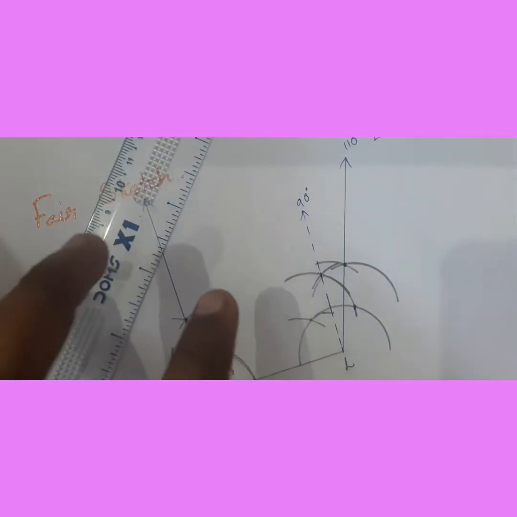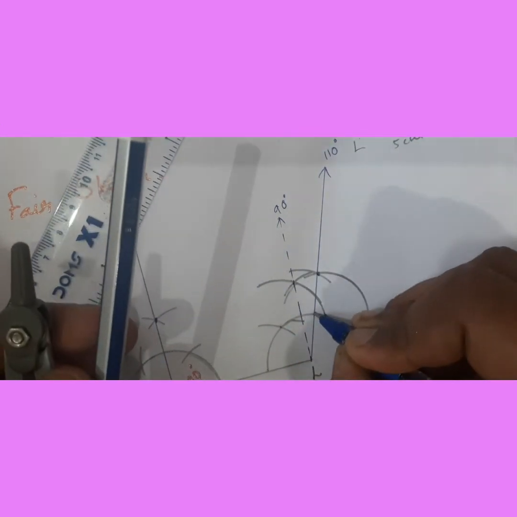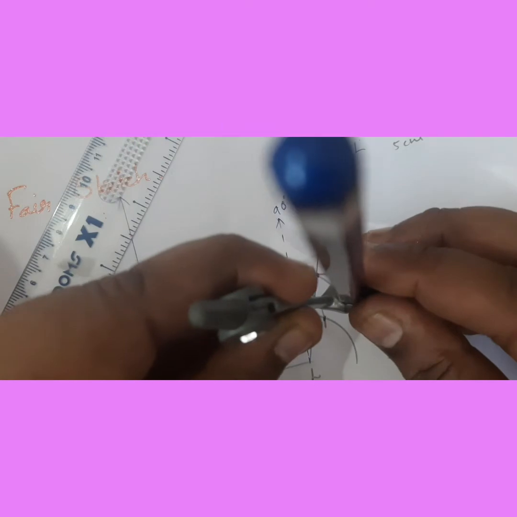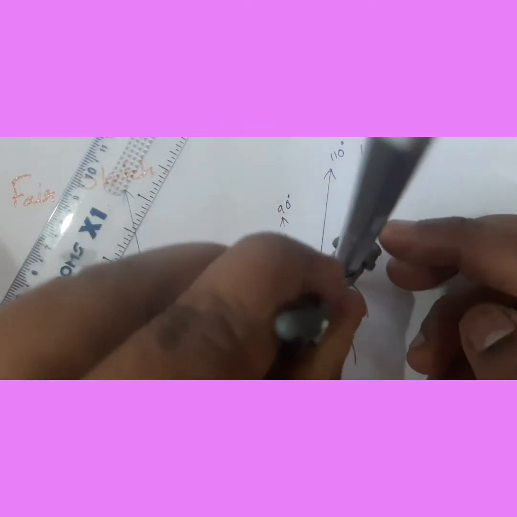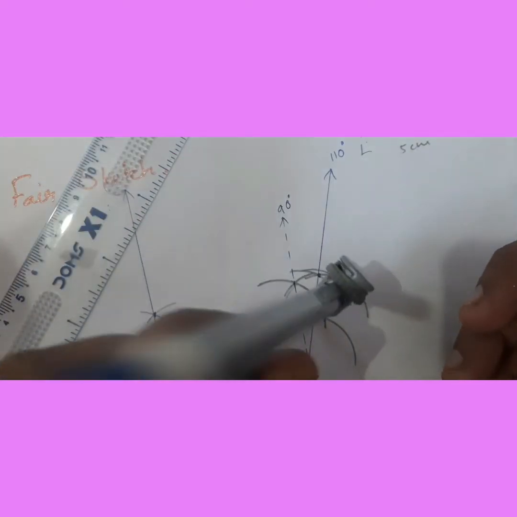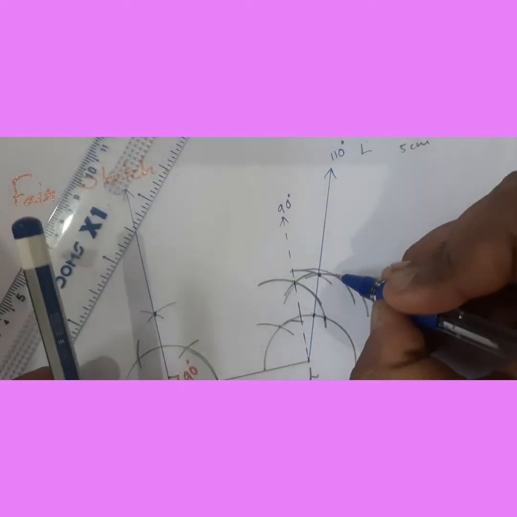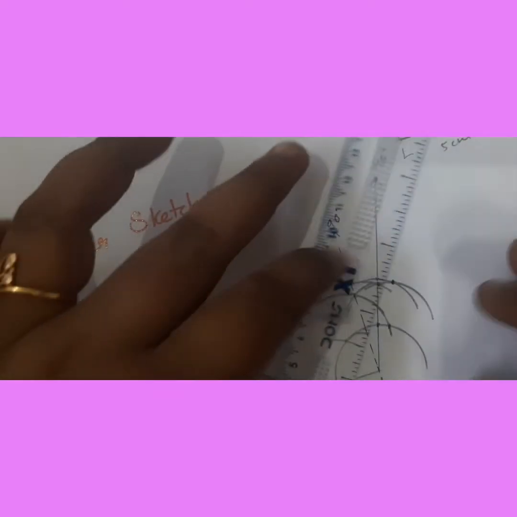After the 110 degree, again from 120 it will cut you. Okay, so this will give you one intersection point.